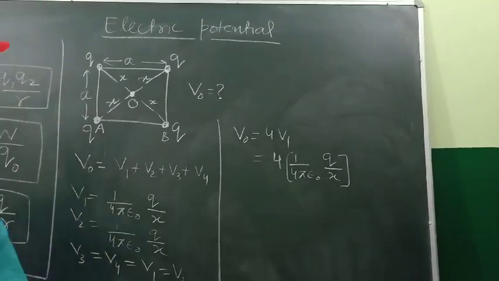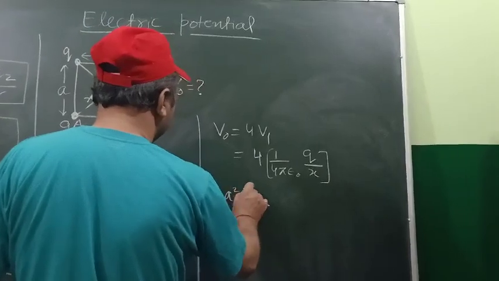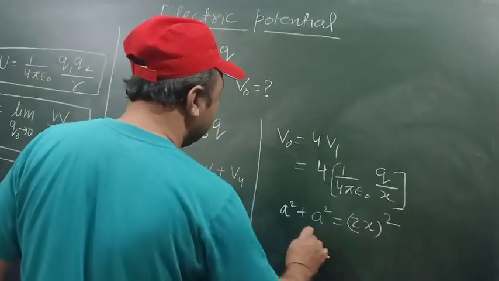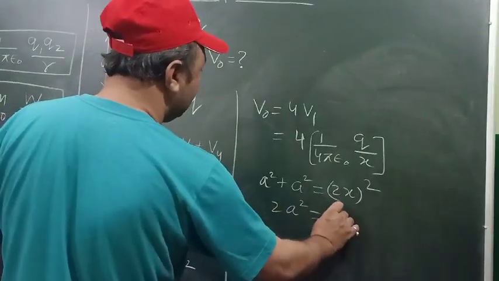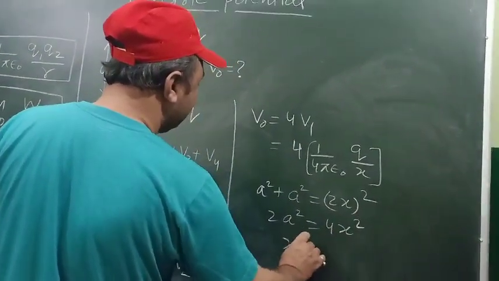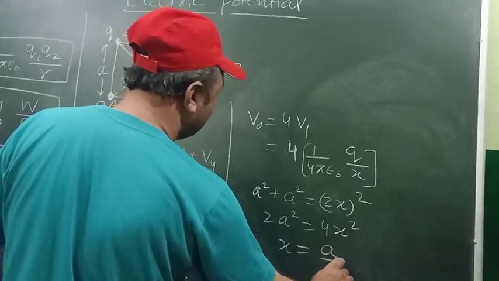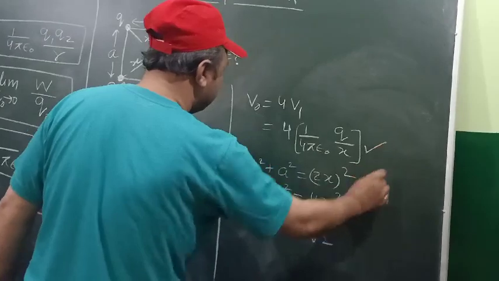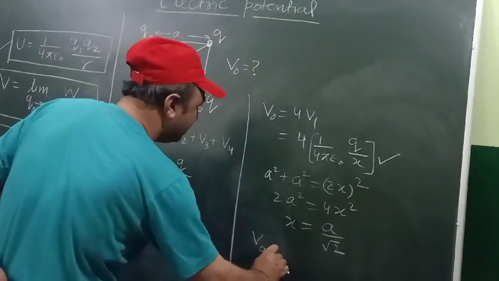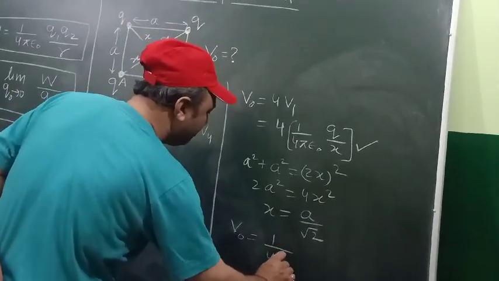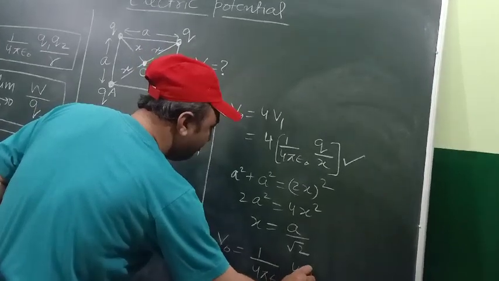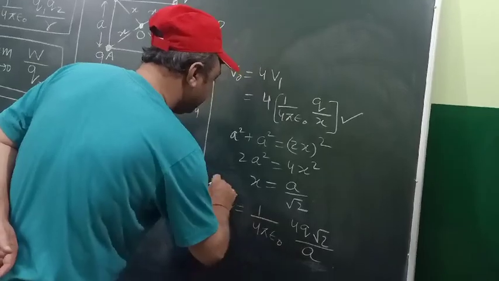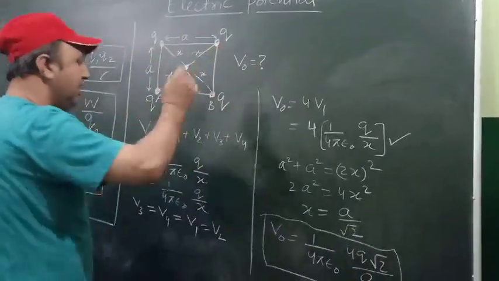So you can simply apply Pythagoras theorem, which allows you to write a square plus a square is equal to 2x whole square. That means 2a square is equal to 4x square, and that means x is equal to a upon root 2. So if you substitute it in this expression, you will get V naught is equal to 1 upon 4 pi epsilon naught 4q root 2 upon a. That is the potential at point O.